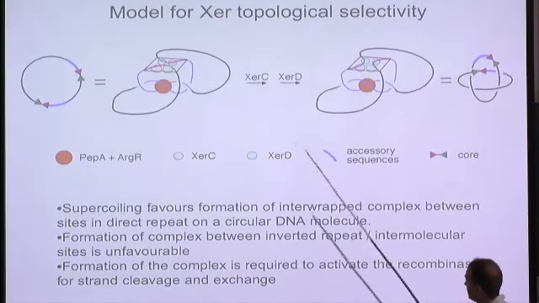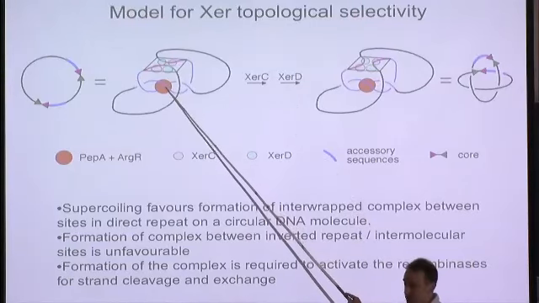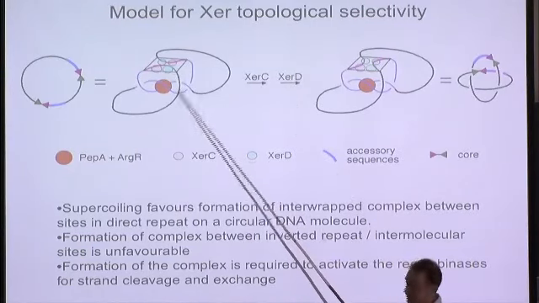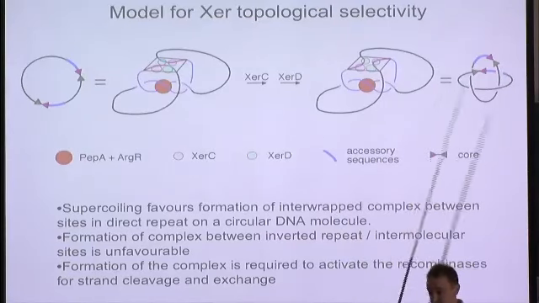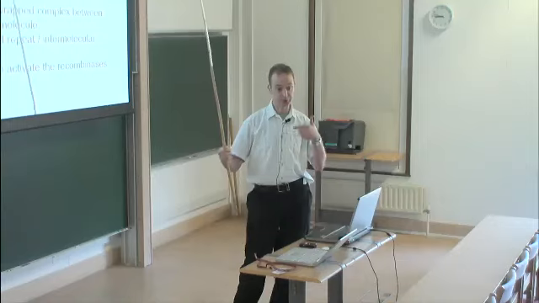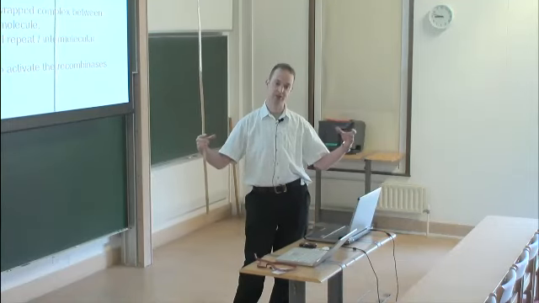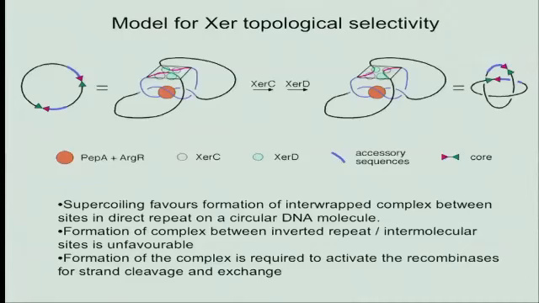And if we say formation of this complex is essential to allow strand exchange, and formation of this complex can only occur between sites that are directly repeated in a supercoiled molecule, formation of the same complex would be unfavorable between sites in separate molecules, then we get this topological specificity, recombination only when the sites are in the same molecule in direct repeat.